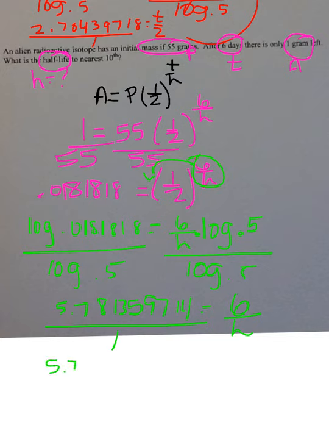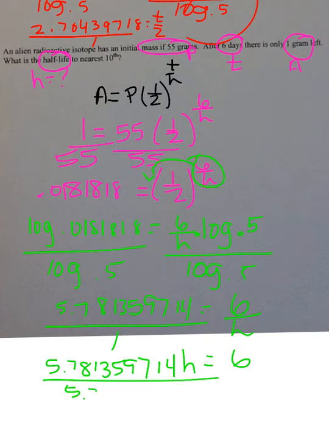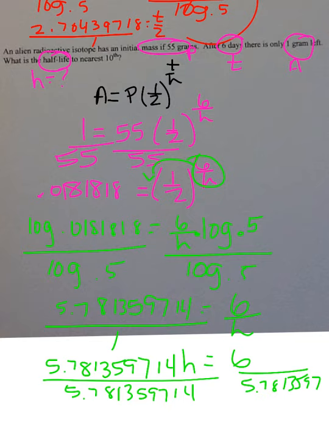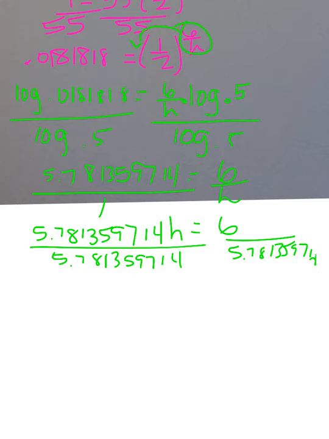So we have 5.7813599714 H equals 6. Divide both sides by 5.7813599714, and we get H equals 6 divided by 5.7813599714, which is 1.037.